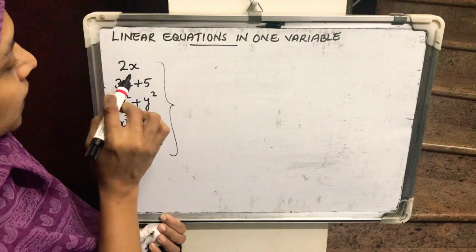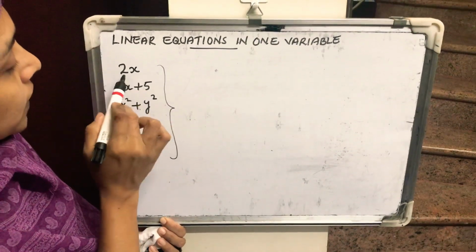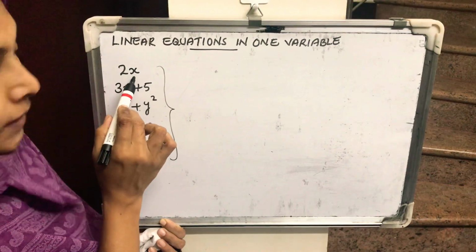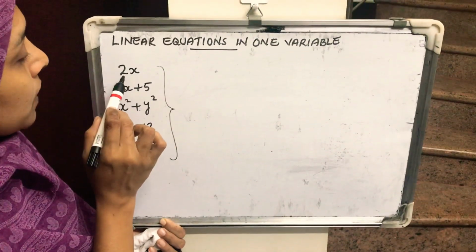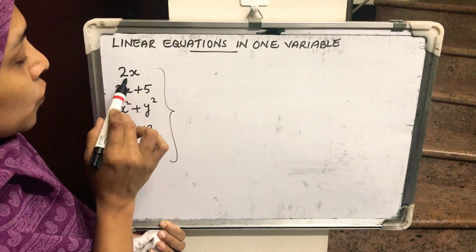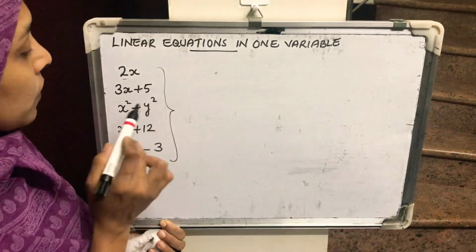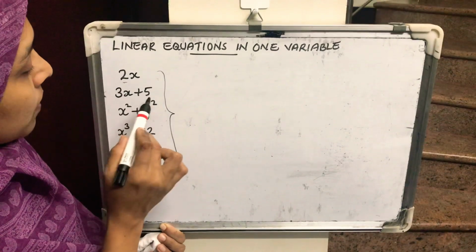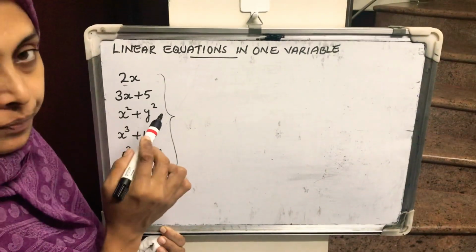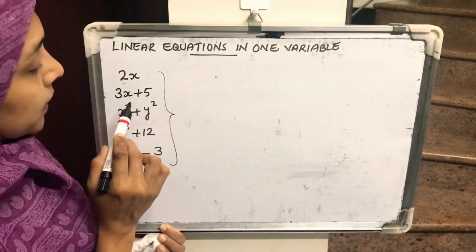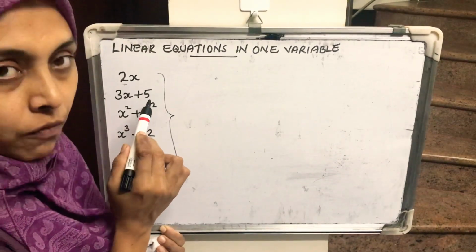In the first example, look here, 2x. In this 2x, the unknown variable is x, and 2 is the coefficient of x. Now in the second example, 3x plus 5, there are 2 terms. One term is 3x and the next term is 5.